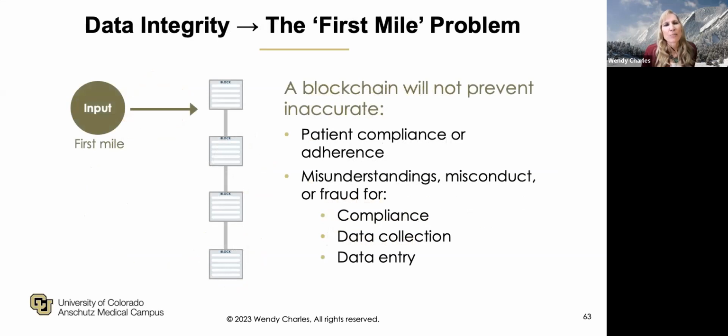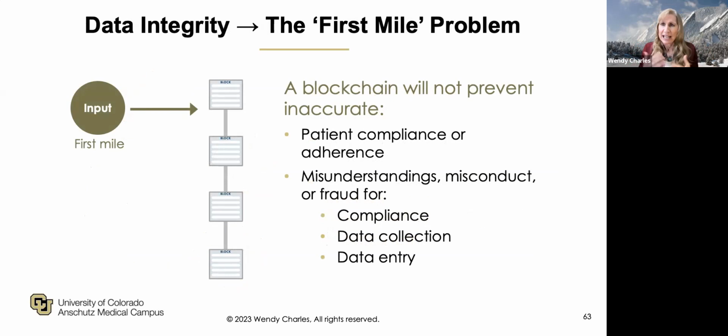So it's better to think about this in terms of what can we do, where is the strength, and where are the weaknesses. A first issue we can target is often called the first mile problem, and that's all of the activities that take place before the data get entered into any system. A blockchain, nor really any technology, can improve patient compliance or adherence.